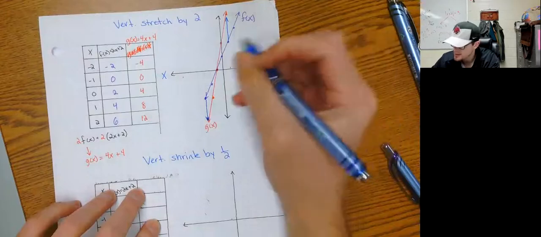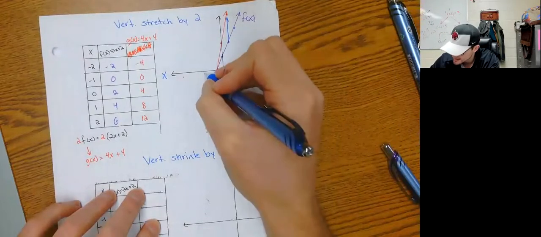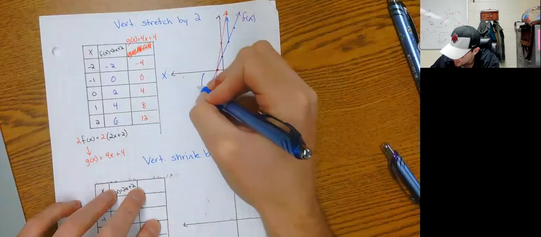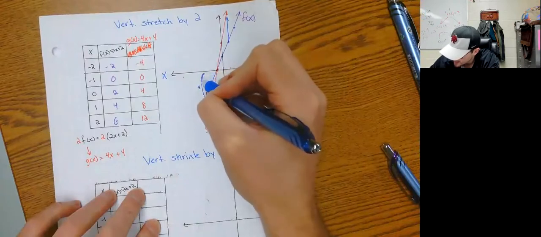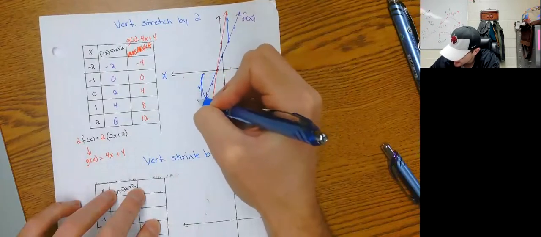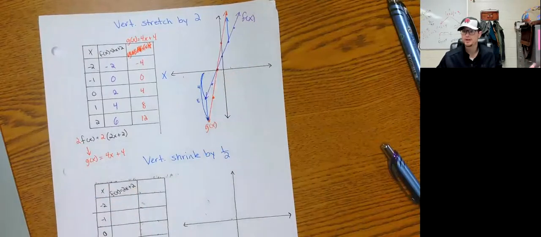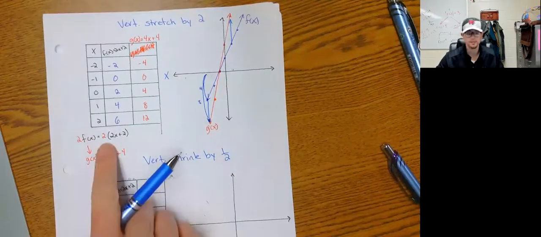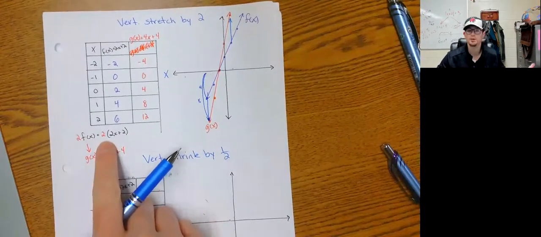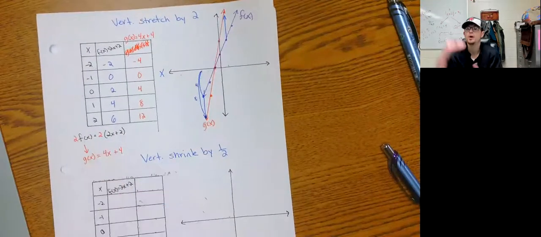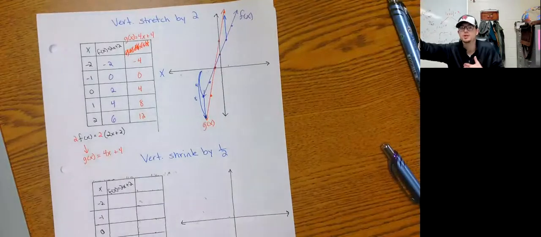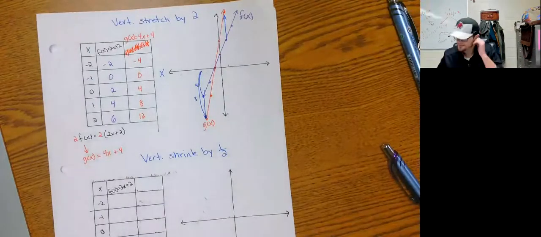Now what you notice is I multiplied by 2, so this distance was 4, but now it got multiplied to be a total distance of 8. So 4 times 2 is 8. I stretched it by a factor of 2 because I multiplied. I doubled the distance it was from the x-axis. I vertically stretched it twice the distance.